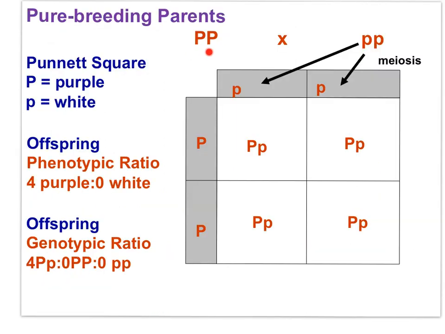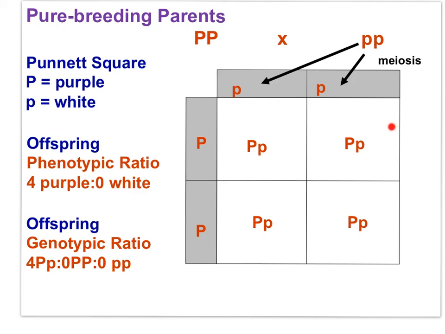We can use a Punnett square to show the separation of alleles due to meiosis, the white flower haploid gametes here and here, with the purple flower haploid gametes here and here. Single letter indicates haploid. Fertilization brings the two alleles back together in the formation of diploid offspring.